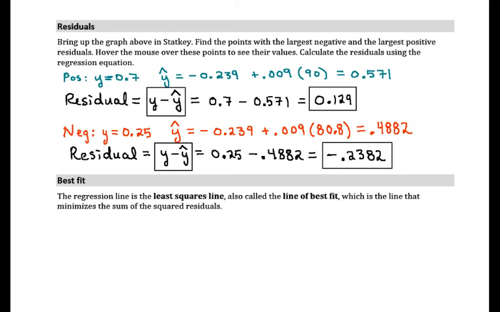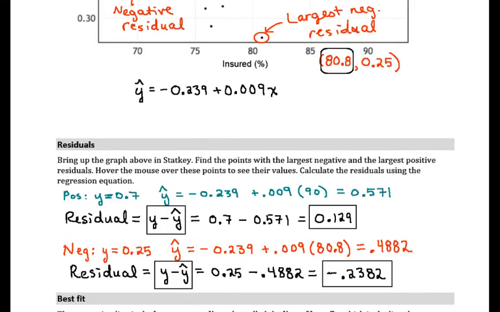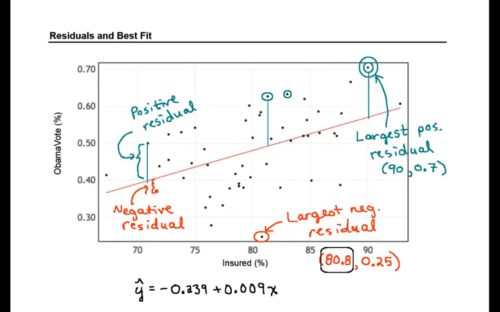Part of the point of residuals is that they help us define what is the best fit. We've been kind of glossing over that and looking at a scatter plot and just drawing a line that seems to describe the shape. But in fact, best fit takes all of these residuals. It calculates residuals for every single point. We can see these ones are very small, but these ones are much bigger.